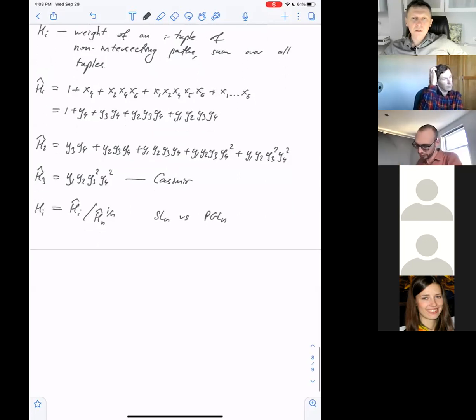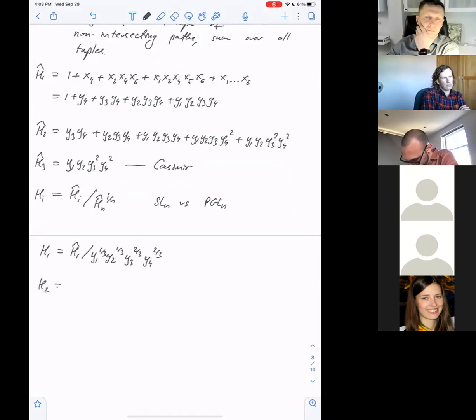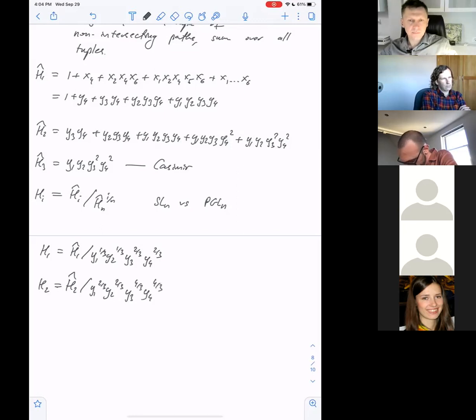So in particular, H1 becomes H1 hat divided by y1 to 1/3, y2 to 1/3, y3 to 2/3, y4 to 2/3. H2 becomes H2 hat divided by y1 to 2/3, y2 to 2/3, y3 to 4/3, y4 to 4/3, and H3 is just identity. It's just 1. So this is the SLN story.